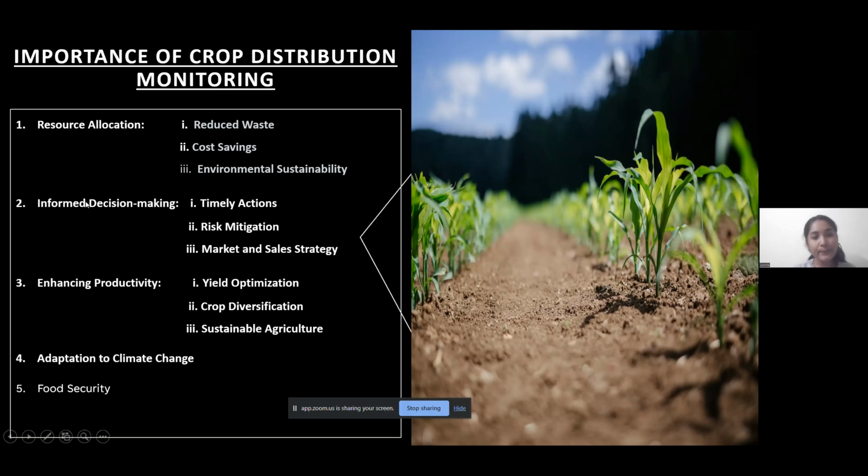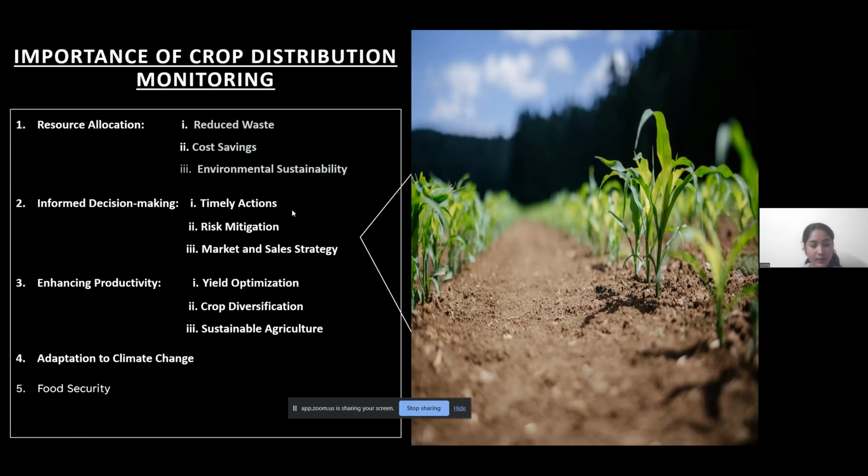Then the second importance is informed decision making. It allows for timely intervention such as pest and disease management, responding to weather related challenges, and adjusting planting schedules. Then we have risk mitigation. By understanding where and how crops are distributed, stakeholders can identify potential risks and devise strategies to mitigate them.